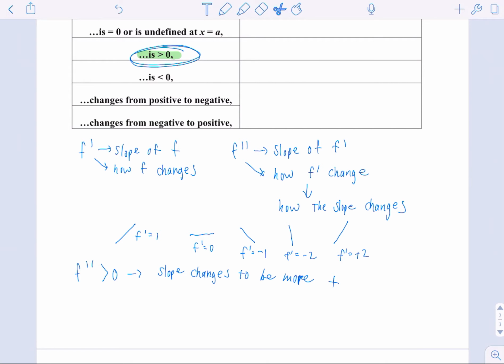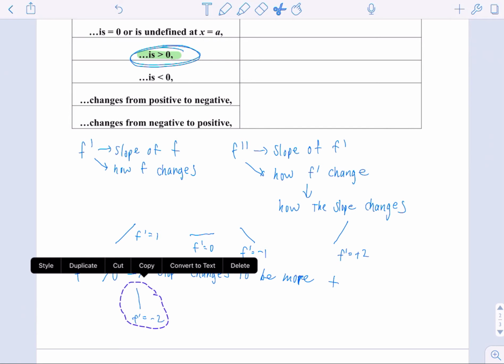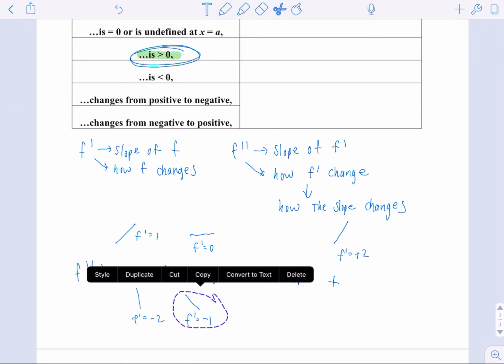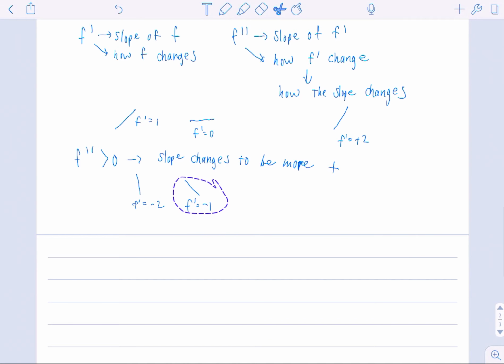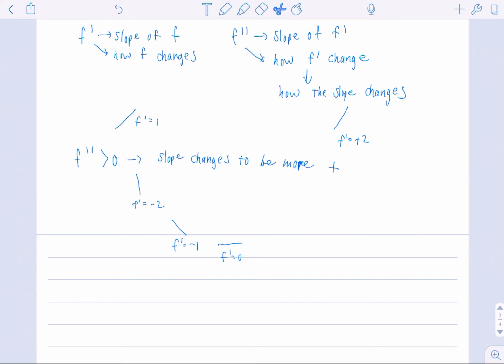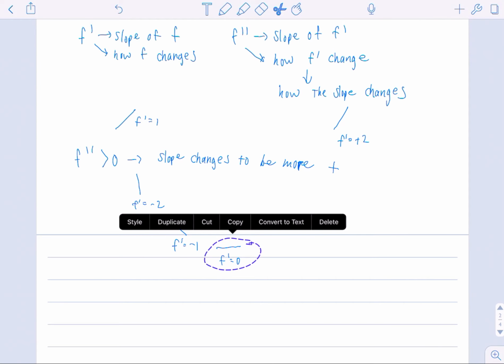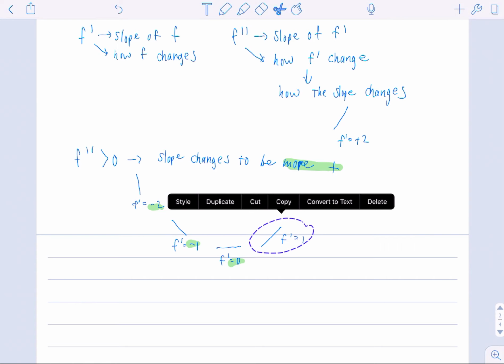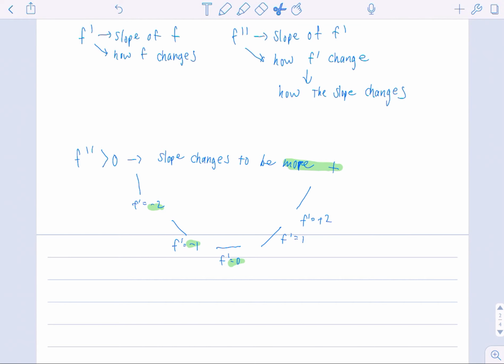Okay, so what's the smallest slope? Negative 2, right? Then what's my next one? Negative 1. Then what's the next one after that? 0. You see how my slope is changing to be more positive, right? I'm going from negative 2, negative 1, 0. It's getting bigger and bigger. And finally, the biggest one.